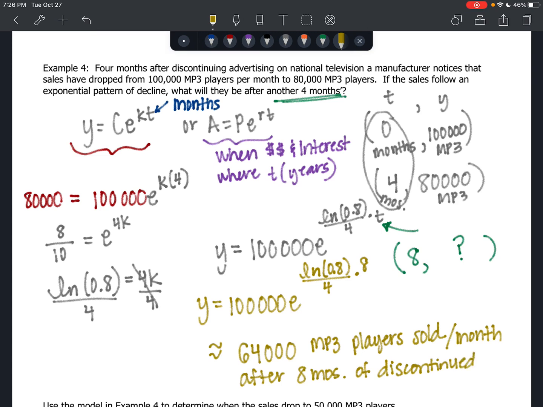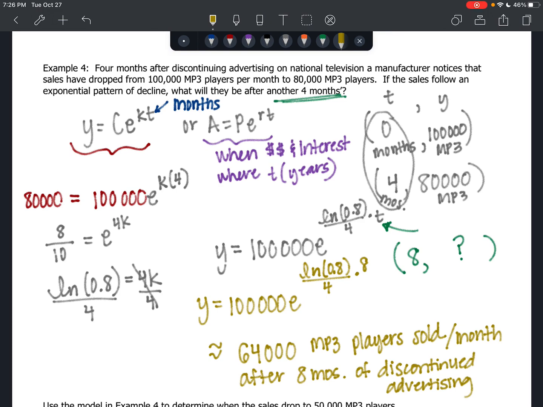So the whole idea is that they discontinued the advertising. And what happened when they discontinued the advertising? Well, the sales dropped. That makes sense. Advertise, you sell more. You don't advertise, and you're not going to have as many sales. So what happened 8 months later?